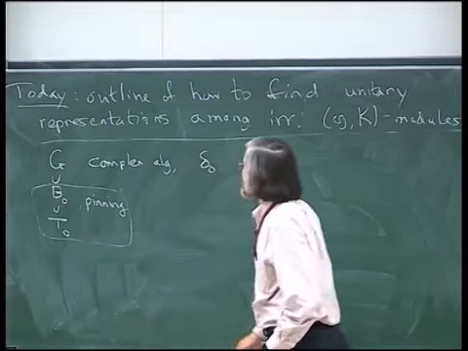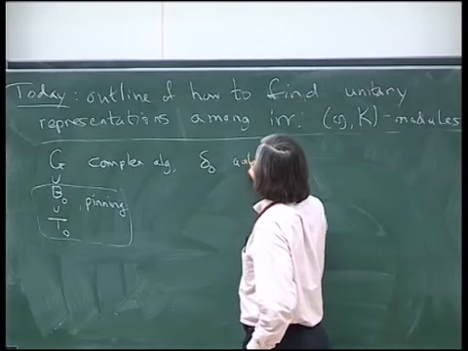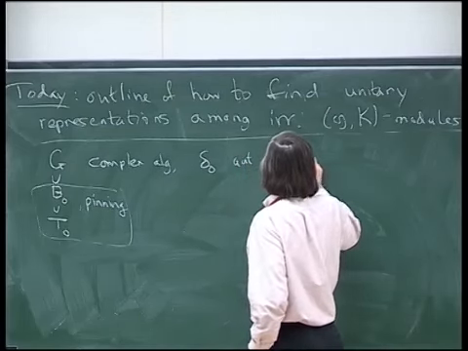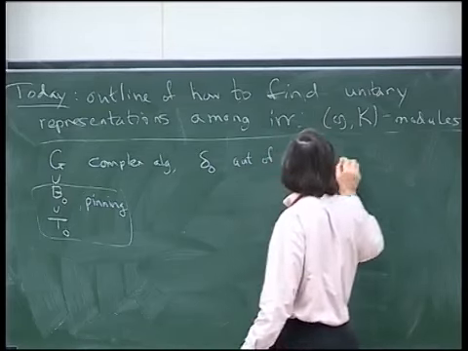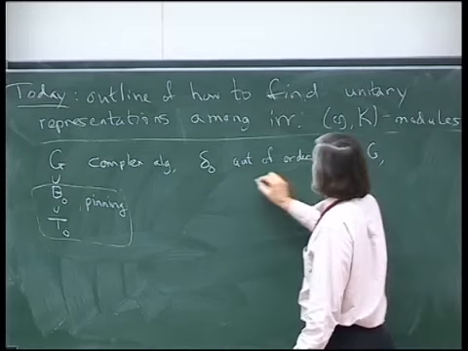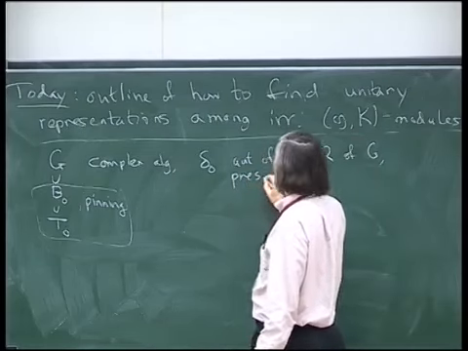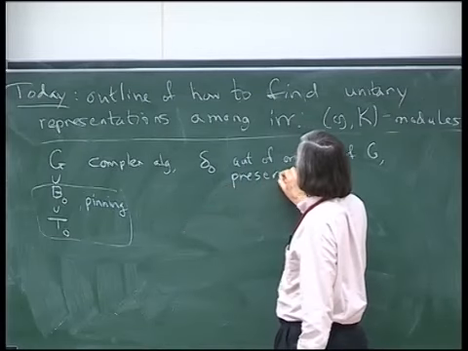And delta 0 was supposed to be an automorphism of order 2 of G, preserving this pinning.